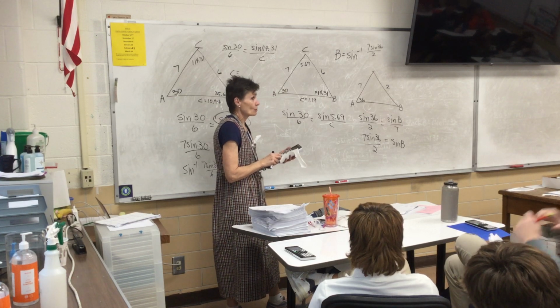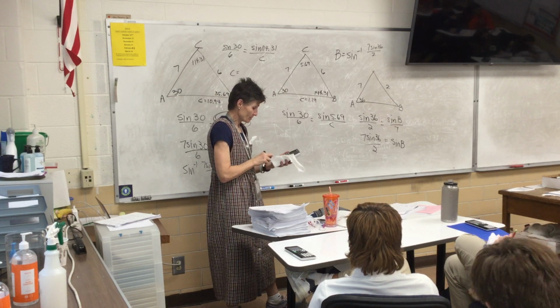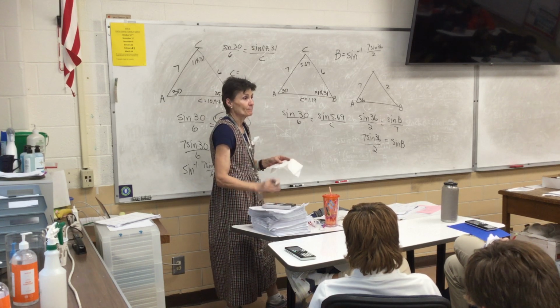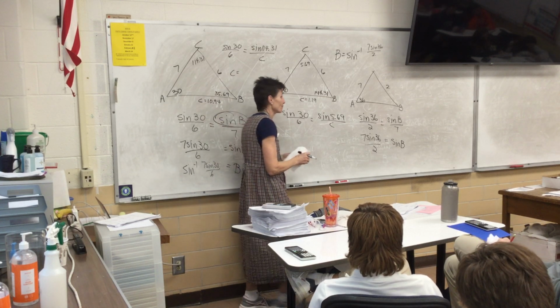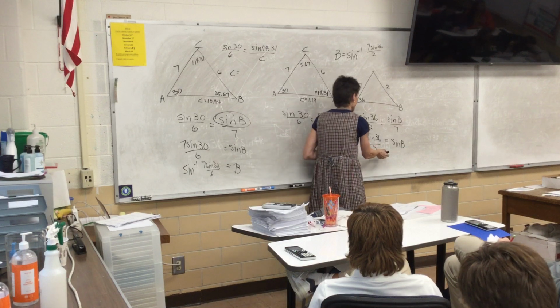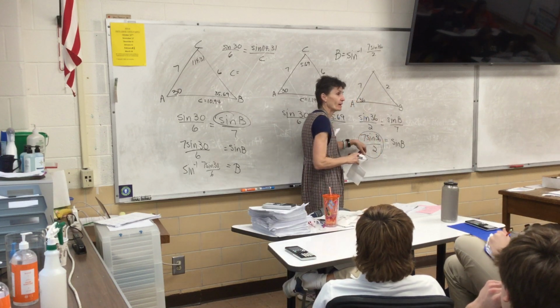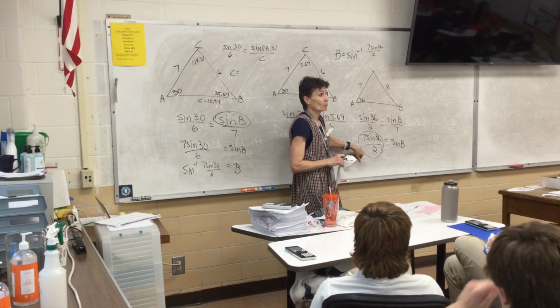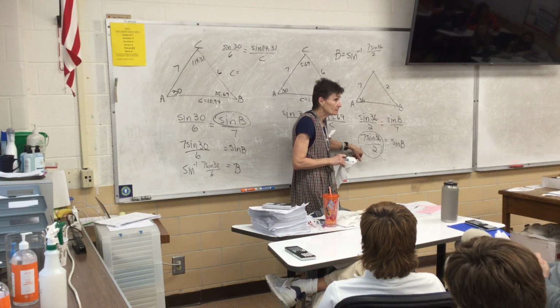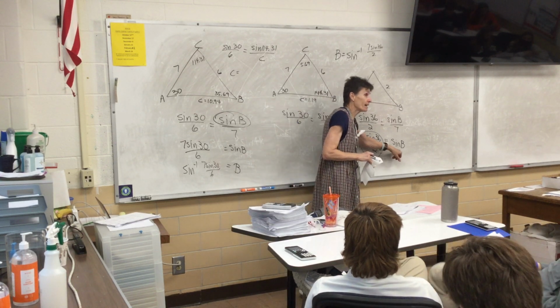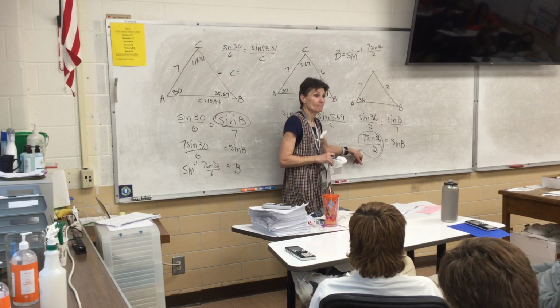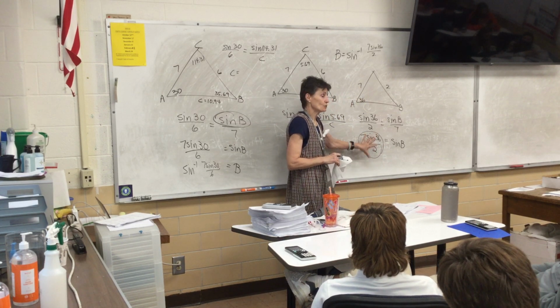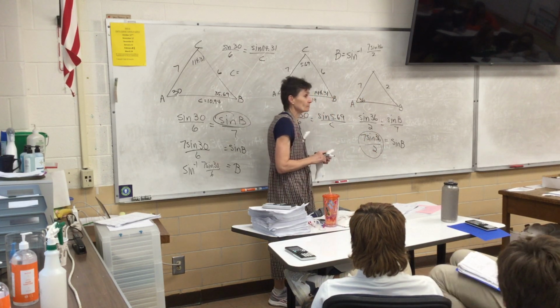And that means there's no triangles. When the calculator says, I can't do this, that means it's not possible. If you were to type in just this fraction right here, it would be a number bigger than 1. And can the sine ever be bigger than 1? So that tells you there's no triangle.